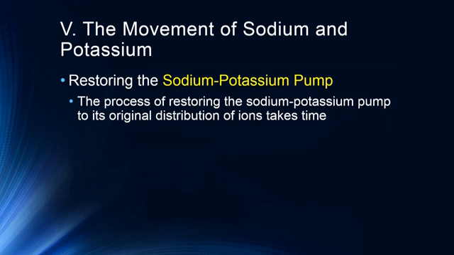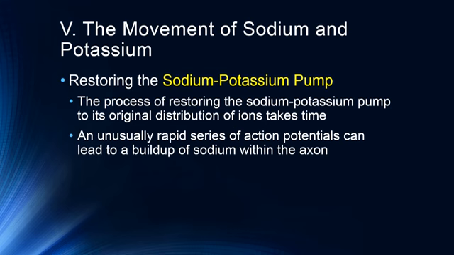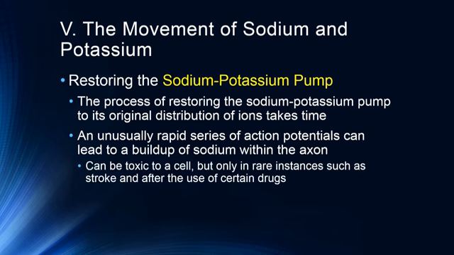So one of the things that we have to do is restore the sodium-potassium pump to get back to our -70 millivolts. So it does take time. An unusually rapid series of action potentials can actually lead to a buildup of sodium within the axon, because the sodium-potassium pump has not had enough time to get the sodium back out of the axon itself. And this can be toxic to a cell.